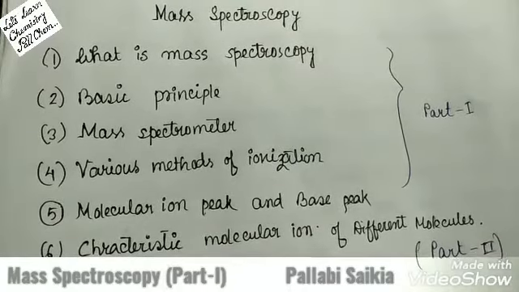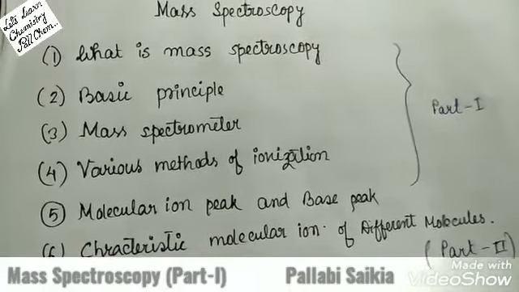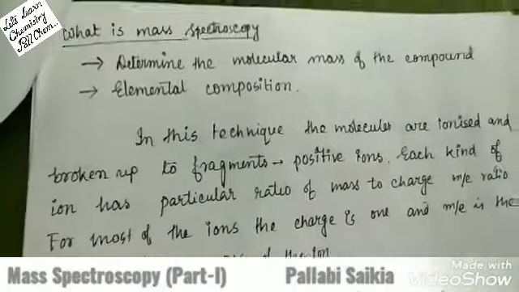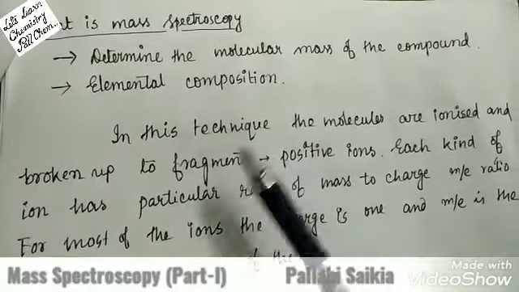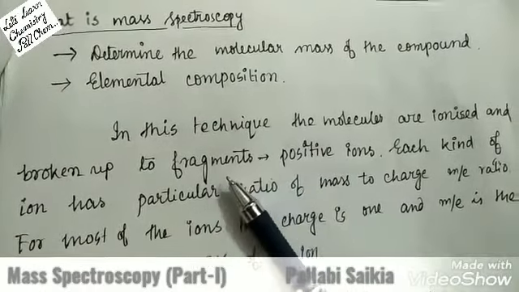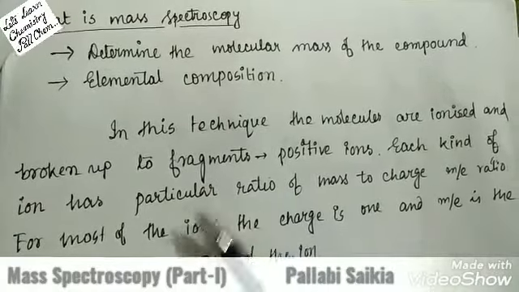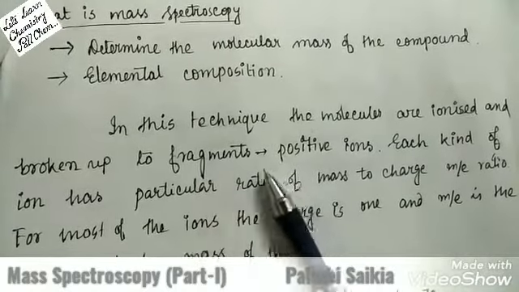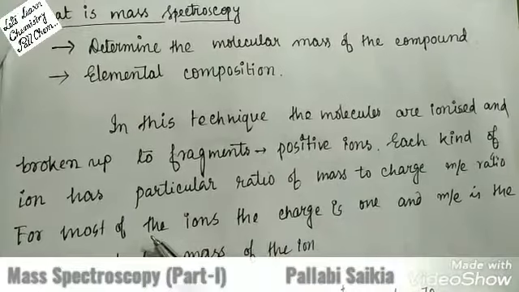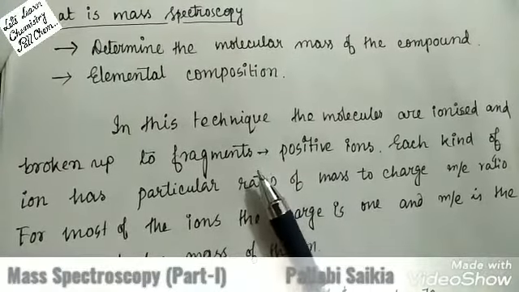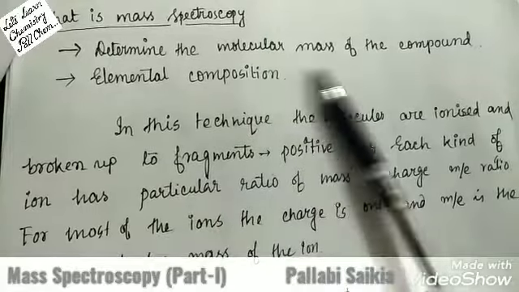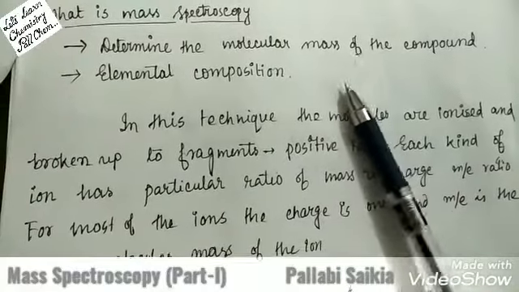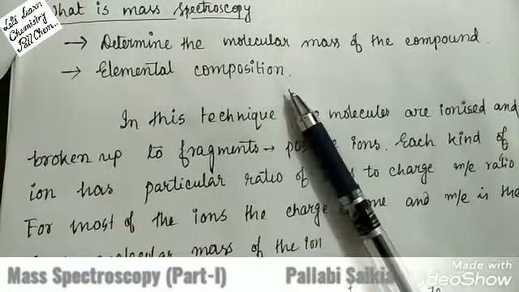So let's start with what mass spectroscopy is. Mass spectroscopy is a little bit different from other spectroscopic methods because it is not related to the absorption of electromagnetic radiation energies. Rather, the molecule is bombarded with a high energetic electron beam and it is fragmented, and mass spectroscopy is used to determine the molecular mass of the compound and its elemental composition.